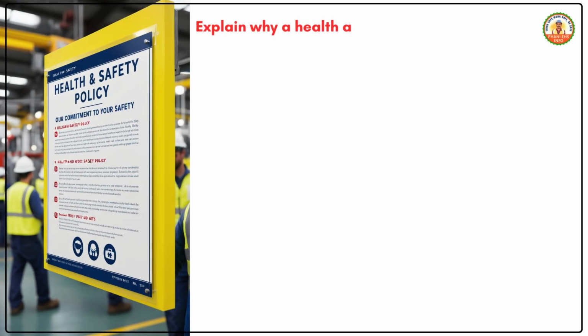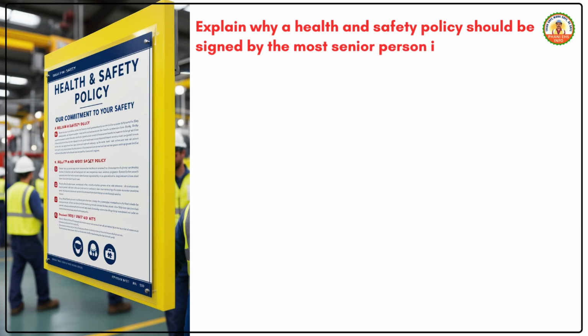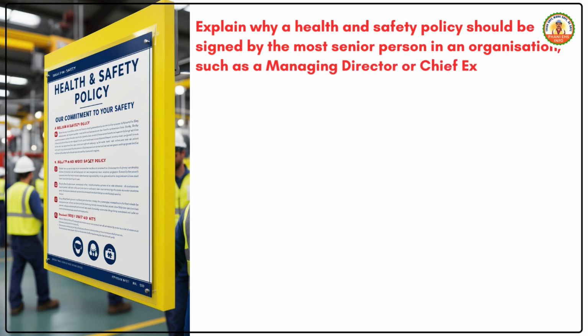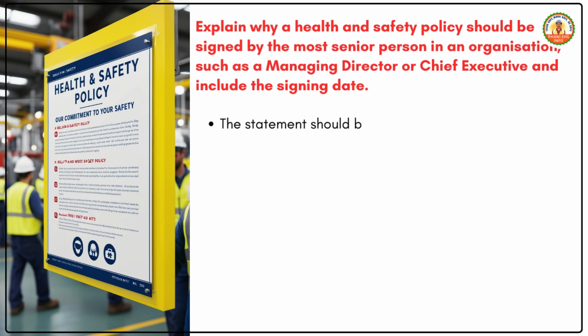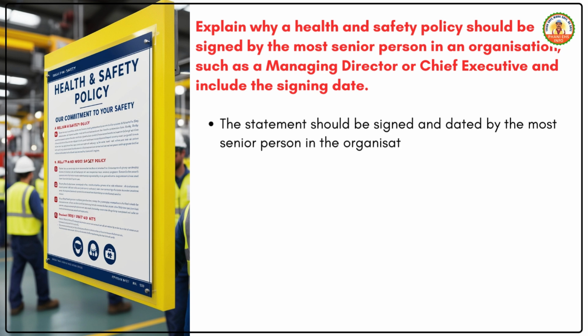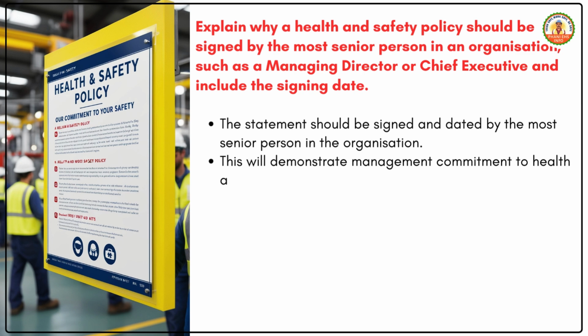Explain why a health and safety policy should be signed by the most senior person in an organization, such as a managing director or chief executive, and include the signing date. The statement should be signed and dated by the most senior person in the organization. This will demonstrate management commitment to health and safety and give authority to the policy.